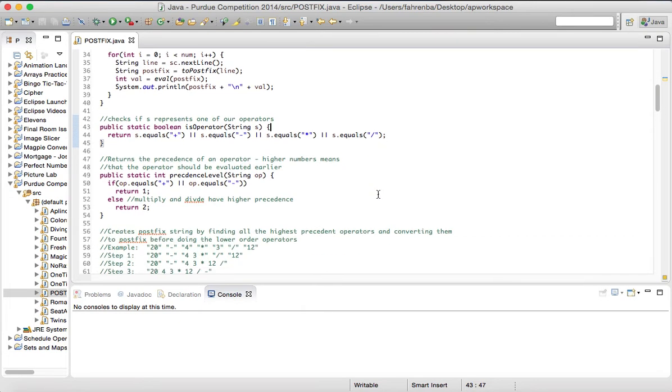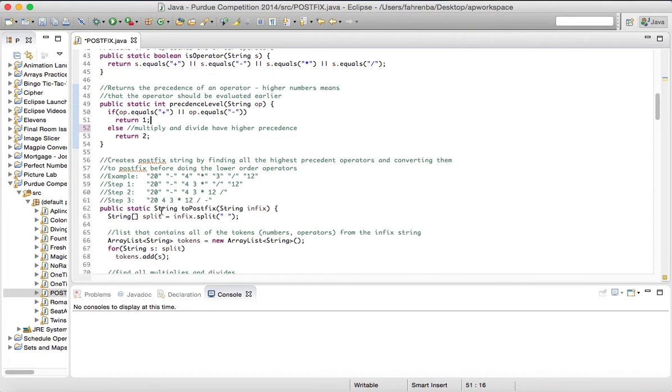The precedence level function tells me the precedence level of an operator. So assuming that op here is either plus, minus, times, or divide, it's going to return 1 if it's an addition or subtraction because they're equal precedence. And if it's anything else, like multiply or divide, it's going to return 2. And so the higher value means that the operator needs to be evaluated earlier in the process.